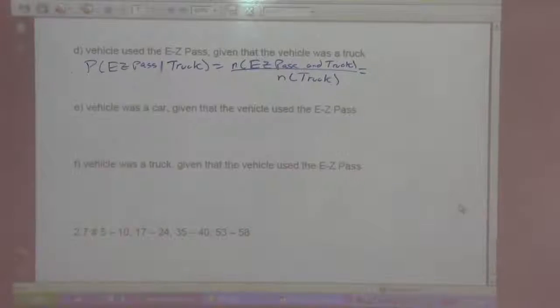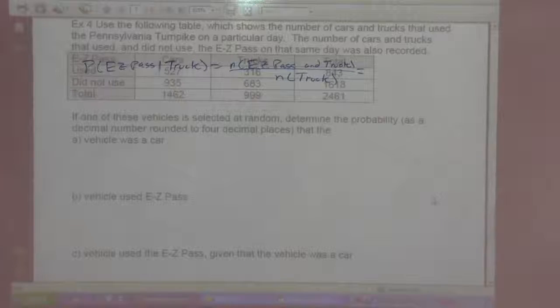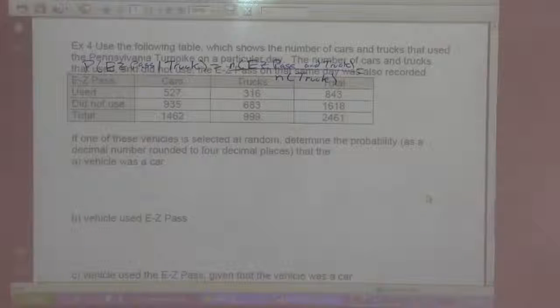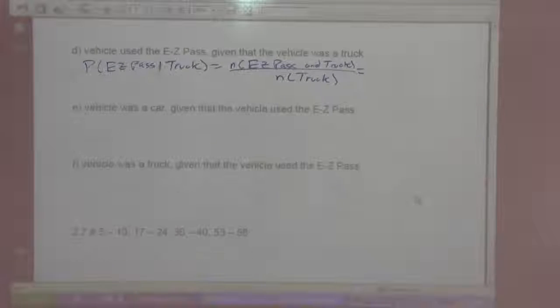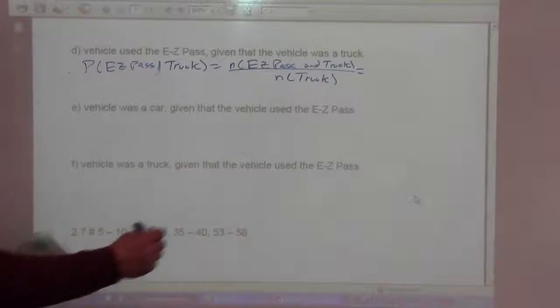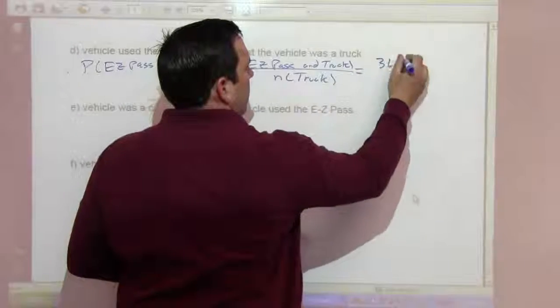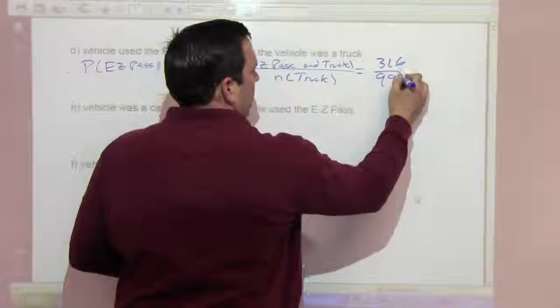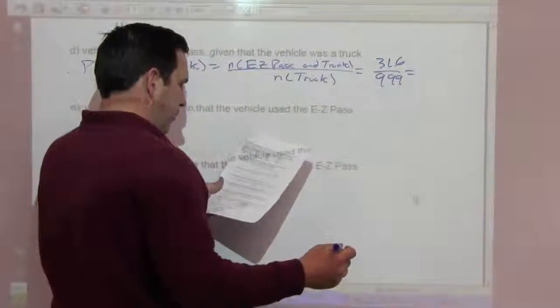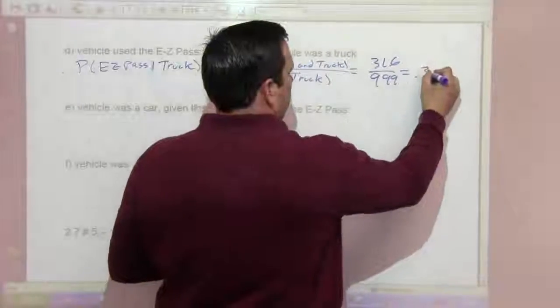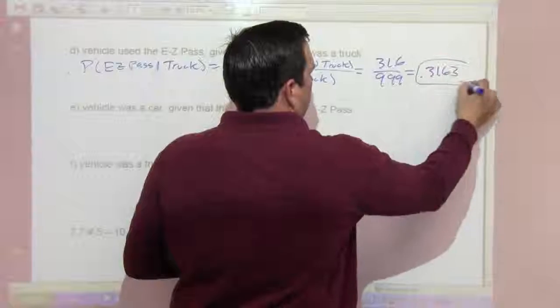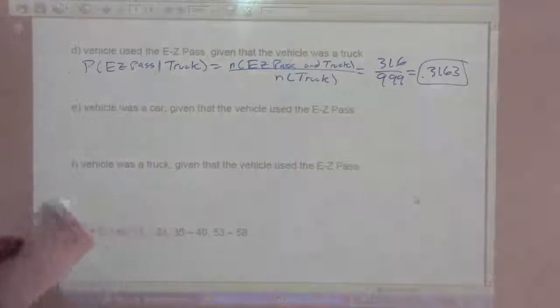So if we look at that, we have trucks 316 using Easy Pass out of 999. And that would be 0.3163. So they do have a lower rate of usage.